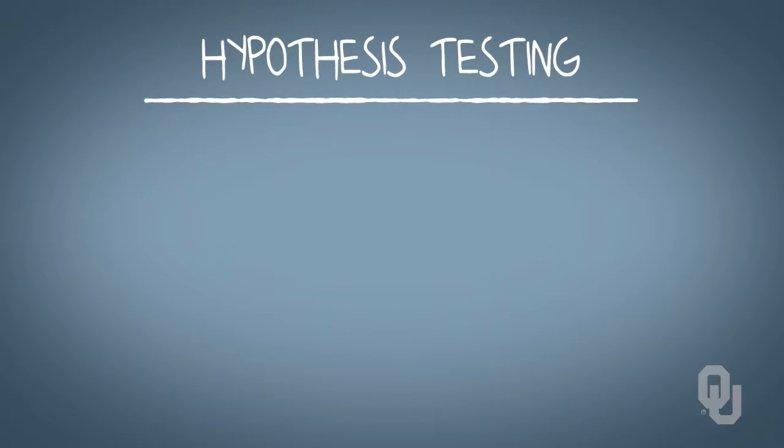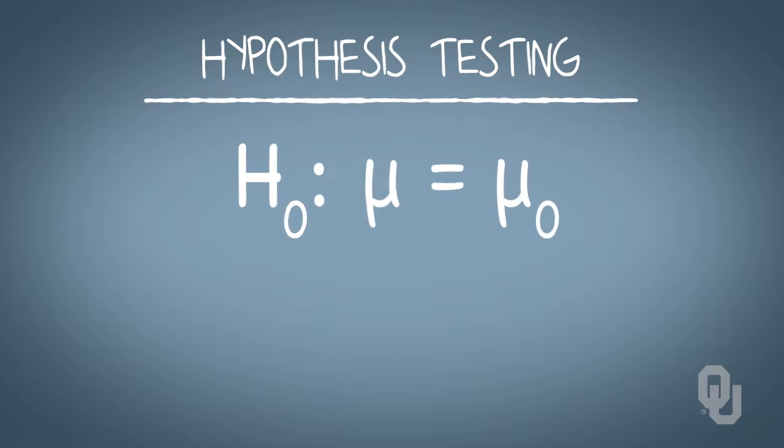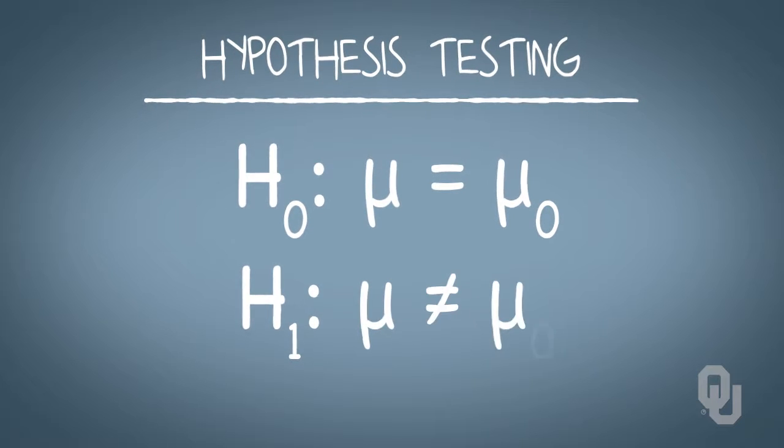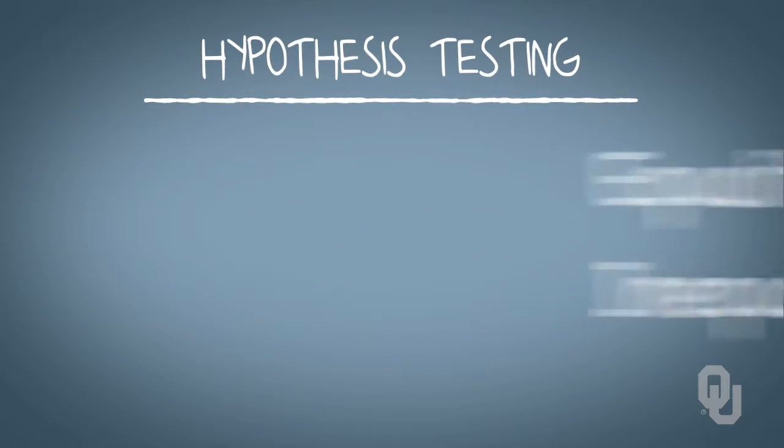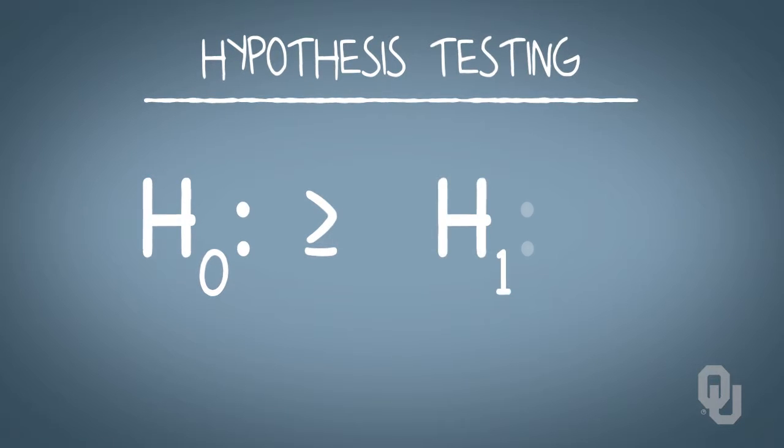For example, if we're addressing a hypothesis about a population mean, the null hypothesis, H0, might be that the mean of that population is equal to mu0. The alternative hypothesis, H1, would be that the population mean is not equal to mu0. We can answer hypotheses about equality versus strict inequality, or we could address greater than or equal to versus less than, or we could address less than or equal to versus greater than.